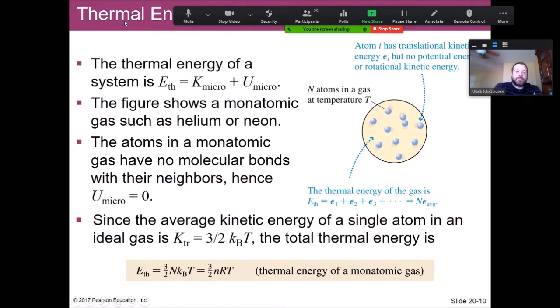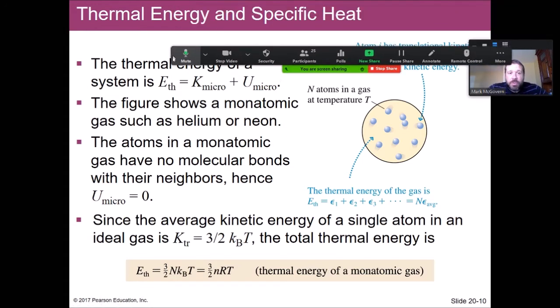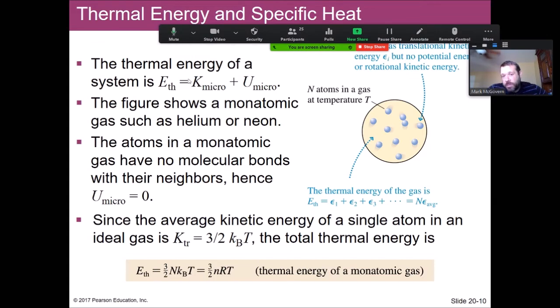All right. So, when we talk about the thermal energy of a system, and I already explained this to you, but now we're just going to more formally connect ideas here. The thermal energy of a particular system, which is related to basically specific heat, is that for a monatomic gas, only monatomic gas, the thermal energy is 3/2 nRT, or you can go 3/2 nKT if you want to do it that way, but that's a monatomic gas.